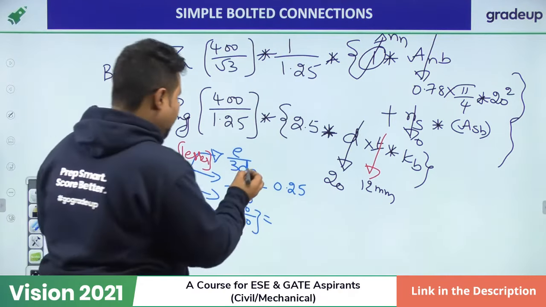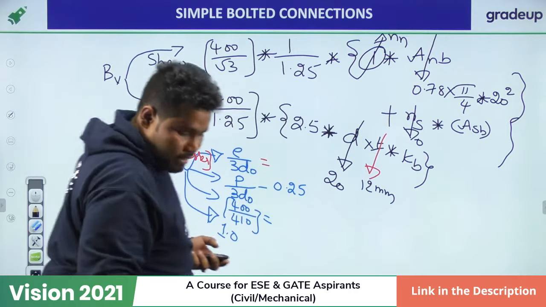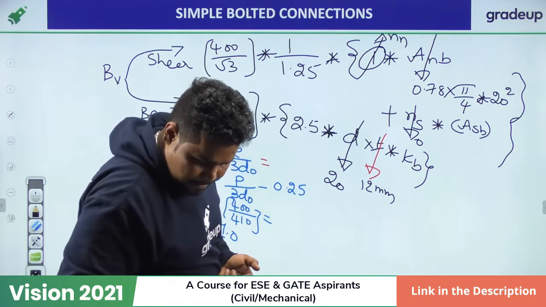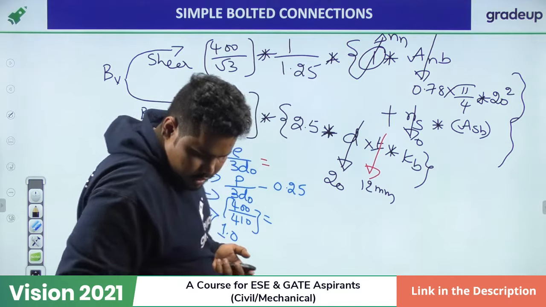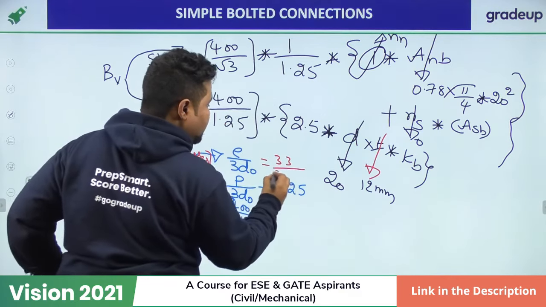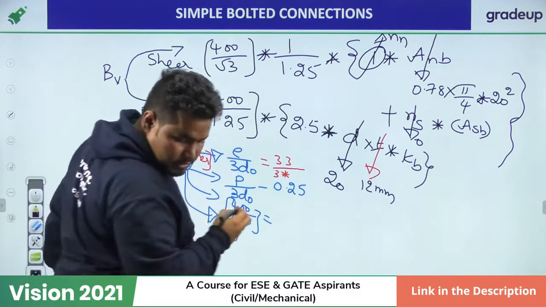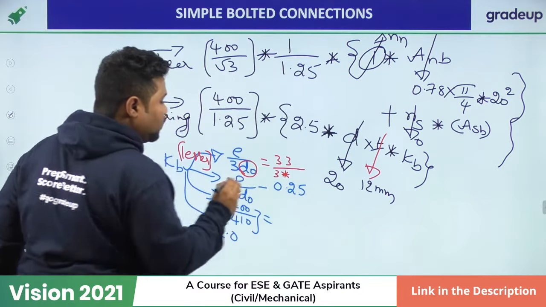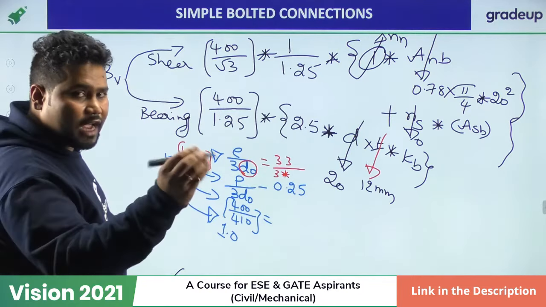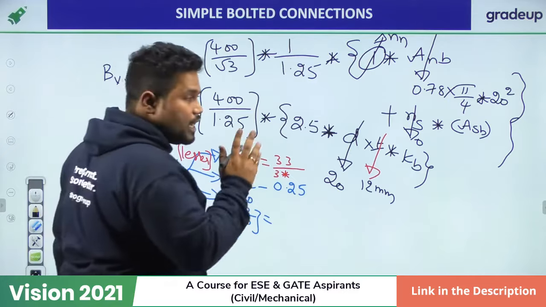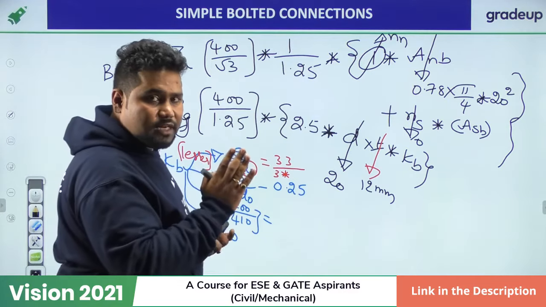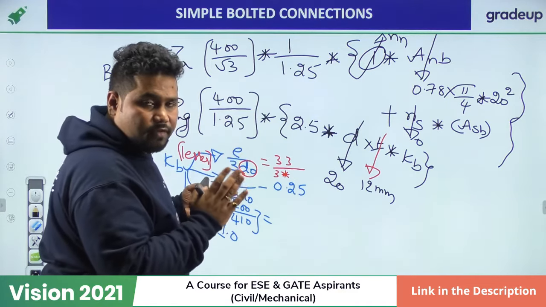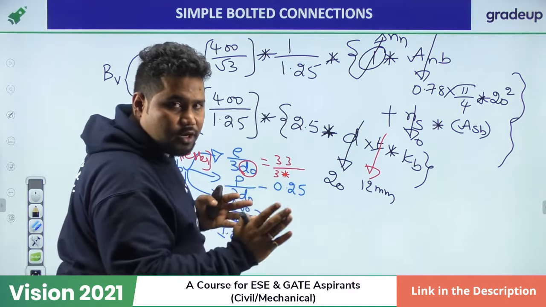So coming to the bearing factor, the edge distance given in our present problem is 33, so 33 by 3 into d naught. d naught is the diameter of the hole, which is the diameter of the bolt plus 2 millimeter if the diameter of the bolt is between 16 millimeter to 24.